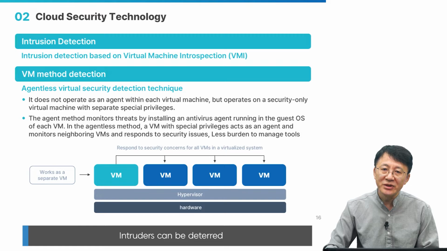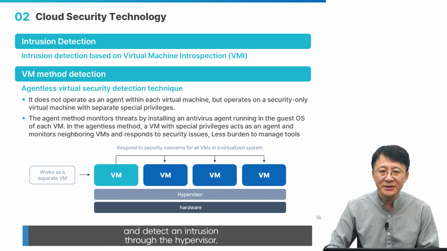Intrusions can be detected using the inside information of the virtual machine in various ways. The first method is to analyze the internal state of each virtual machine and detect an intrusion through the hypervisor.